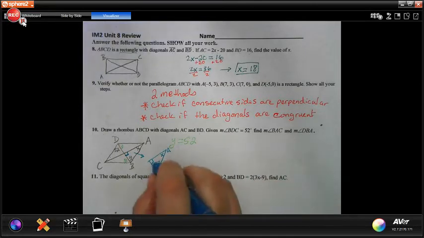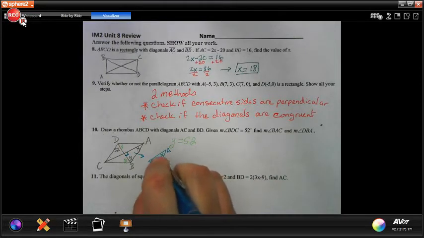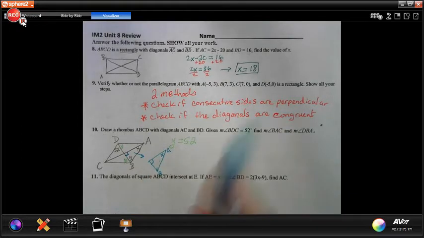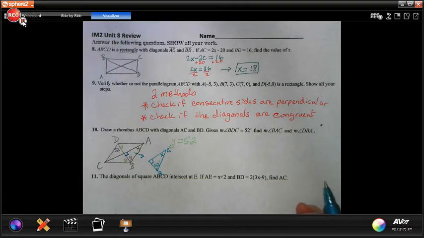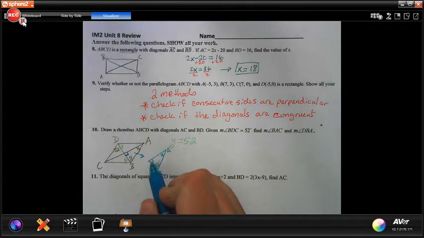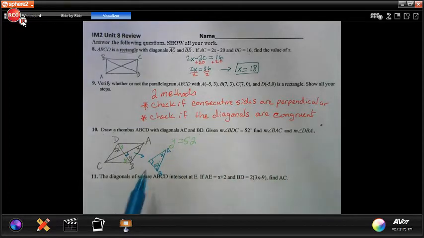I could just erase. What's the point in having these wonderful friction pens if I can't erase? So 52. There we go. So I erased Y and put a 52 there. Okay, so now we have 52, the right angle, and X. And if you remember on a triangle, even though it's a piece of a rhombus, it's still a triangle, and the rules for triangle never change. The three angles add up to 180.